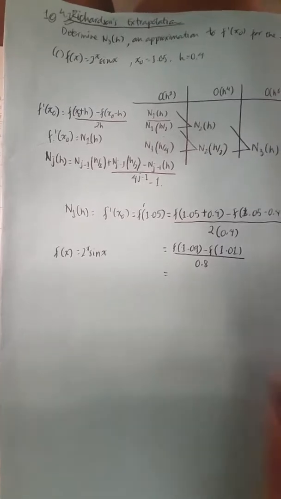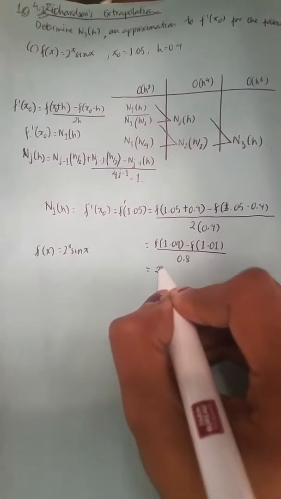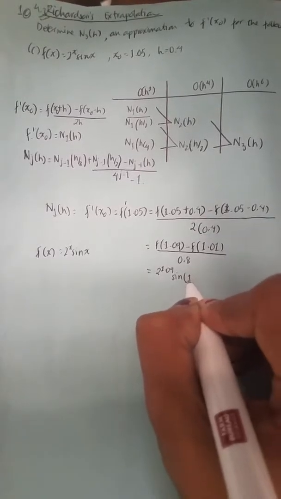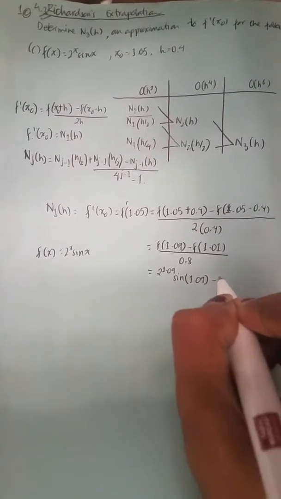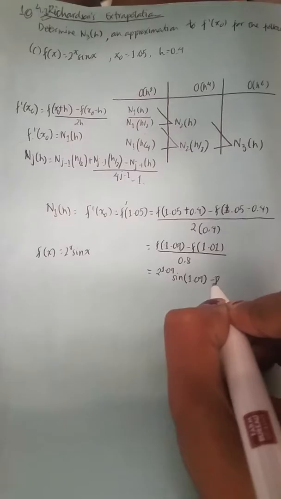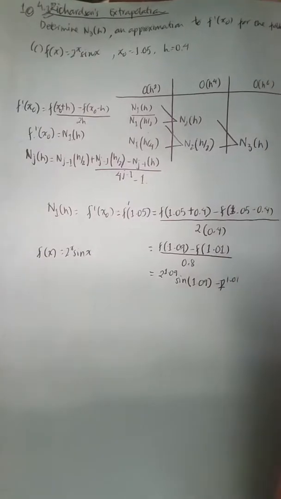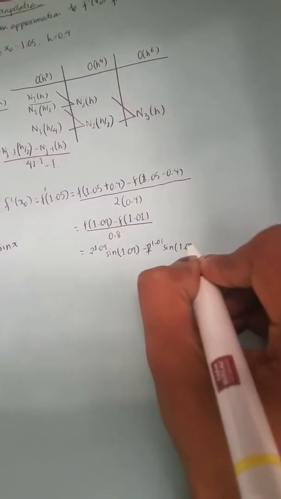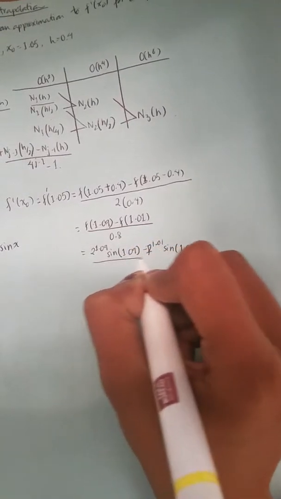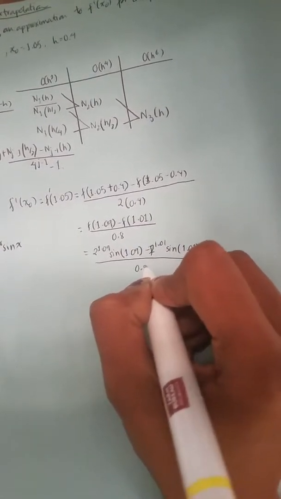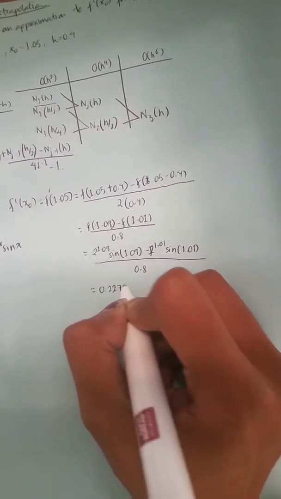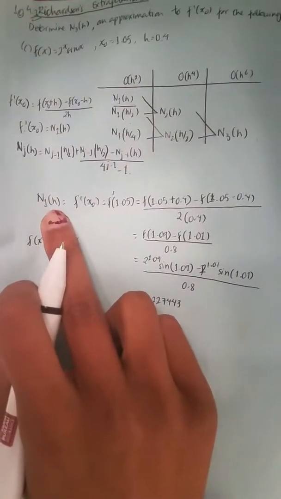So this is actually 2 to the 1.45 sine 1.45, and same for here, minus 2 to the 0.65 sine 0.65, divided by 0.8. So if you put that in a calculator, you'll get 0.227443. So that is our N1 of h.